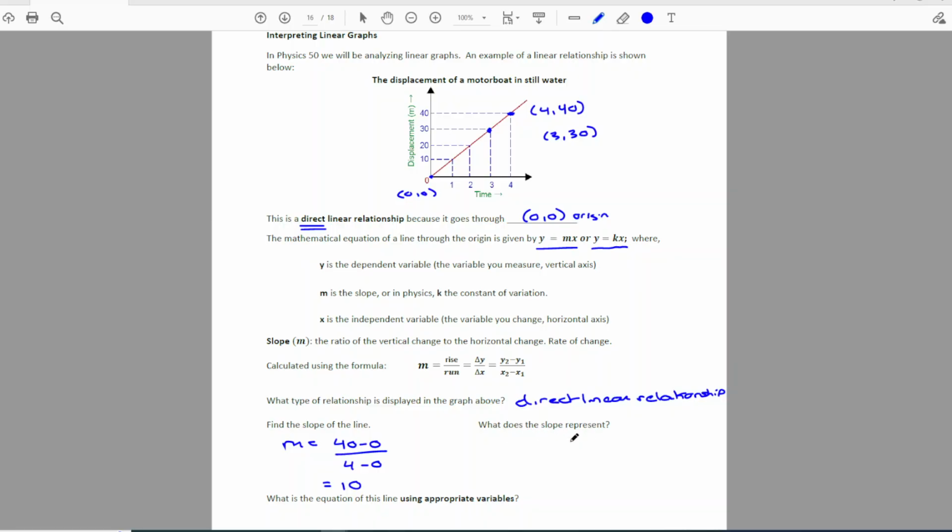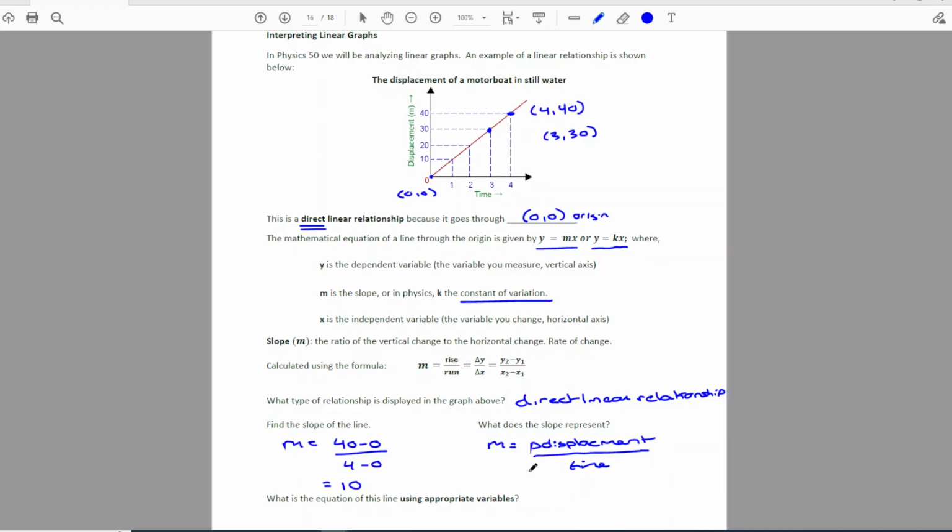Question is, what does the slope represent? It's a constant of variation, meaning it's a constant rate of change. What's changing? Well, the slope is a measure of the change of displacement over time. You could put change in time, but we know that time goes on.